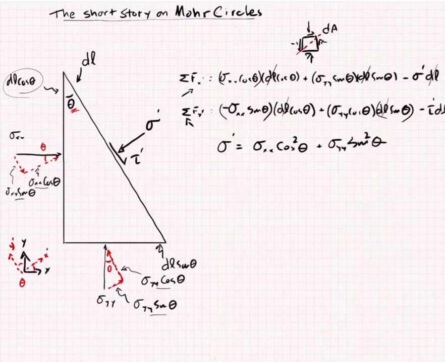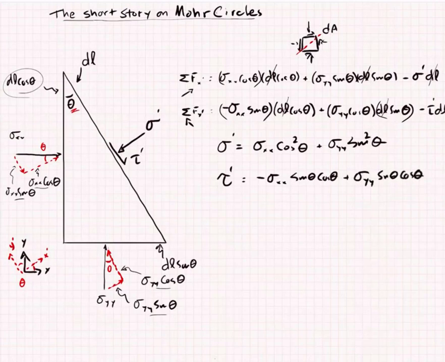That's a nice symmetrical result. And tau prime works out to be minus sigma xx sine theta cosine theta plus sigma yy sine theta cosine theta.